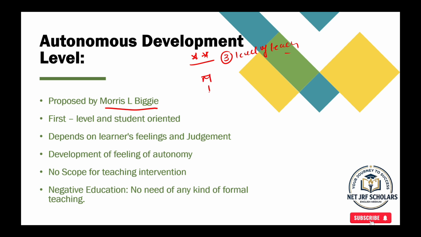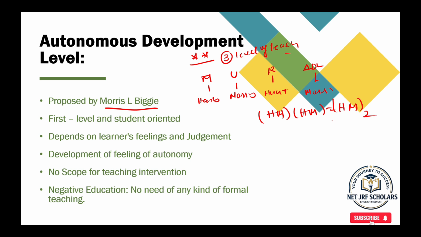So the memory level by Herbert, understanding level by Morrison, reflexive level by Hunt, and autonomous development level by Morris. HM square, or HM into 2. That's it. You can remember by this mnemonic because most of the exams have asked about who proposed these.